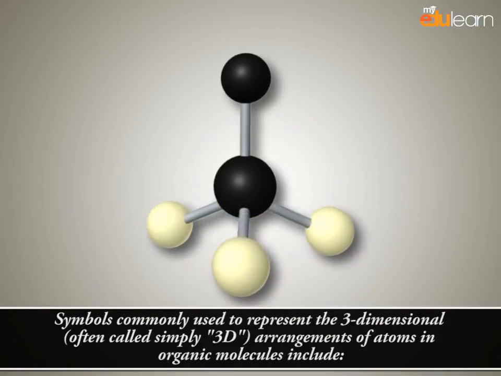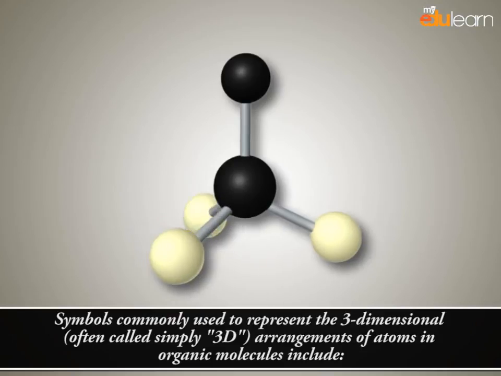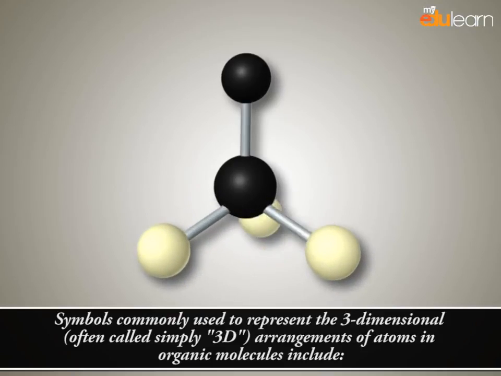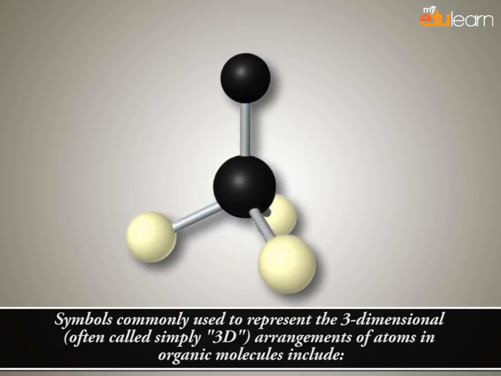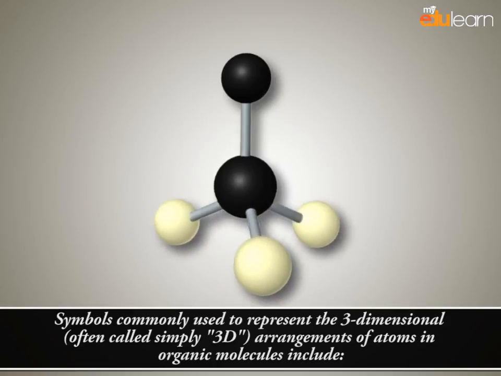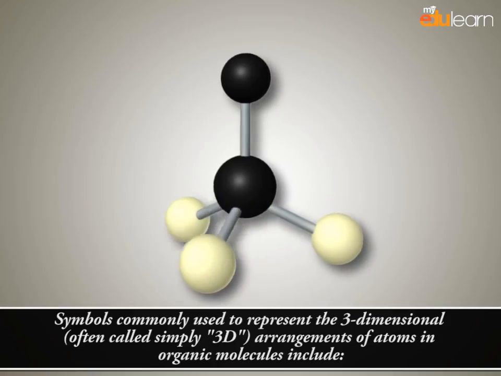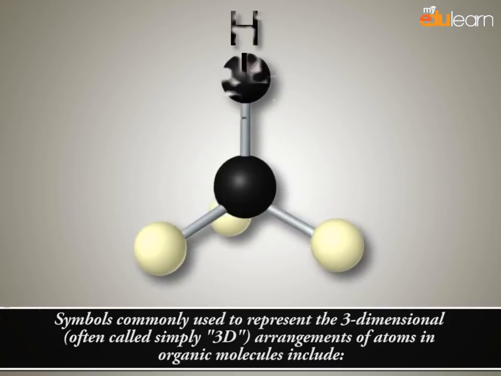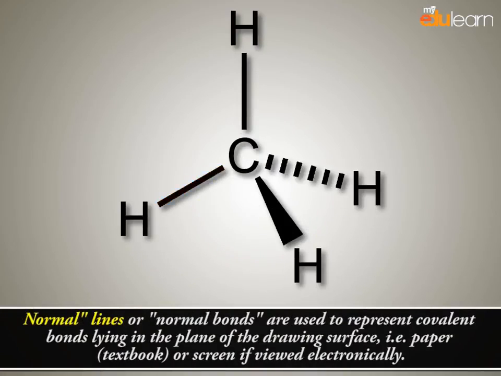Symbols commonly used to represent the three-dimensional, often called simply 3D, arrangement of atoms in organic molecules include normal lines or normal bonds, used to represent covalent bonds lying in the plane of the drawing surface, that is, paper, textbook, or screen if viewed electronically.